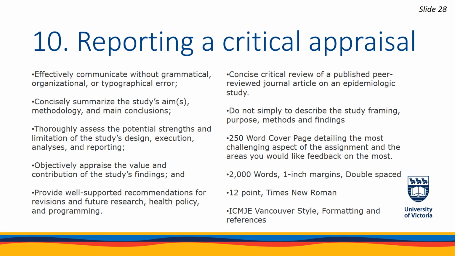You're going to want to make sure that you've addressed the research question, identified the variables, identified the study design, assessed selection and misclassification bias, looked at confounding and effect measure modification, assessed the role of chance, and thought about to what degree these results are generalizable. Then you're going to put that all together in a report or an assessment in which you can say to what degree a specific research article met those criteria, and what it contributes to the field.